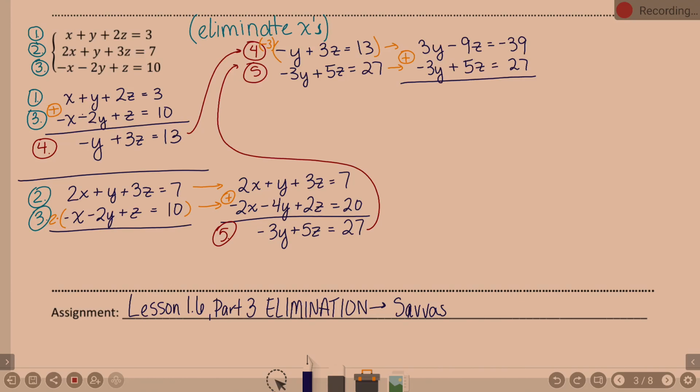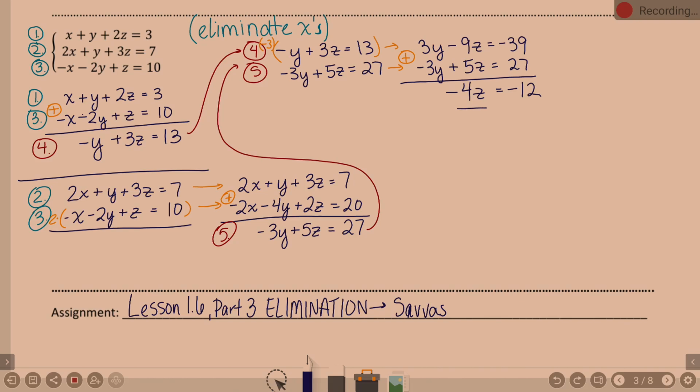Okay, 3y plus negative 3y cancels. Negative 9z plus 5z is negative 4z. Negative 39 plus 27 is negative 12. Negative 4z equals negative 12.